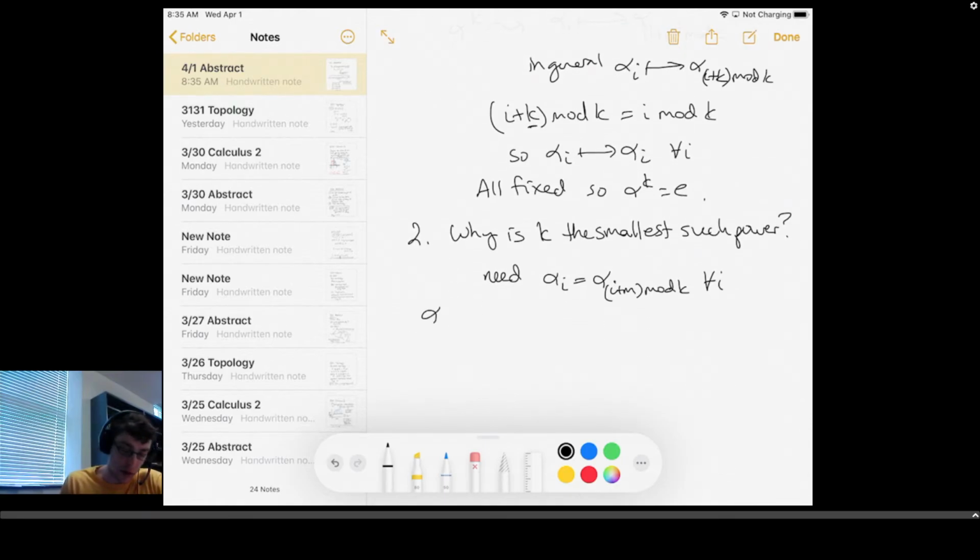Basically this is like alpha to the m equals e, then this would be true. Well, if i plus m is equivalent to i mod k, what must be true about m?